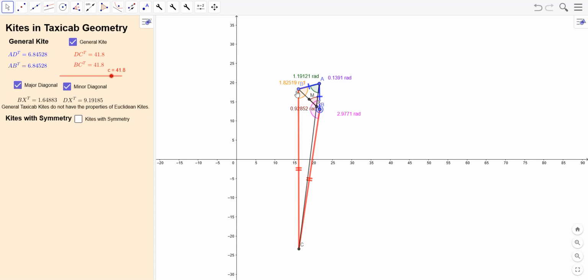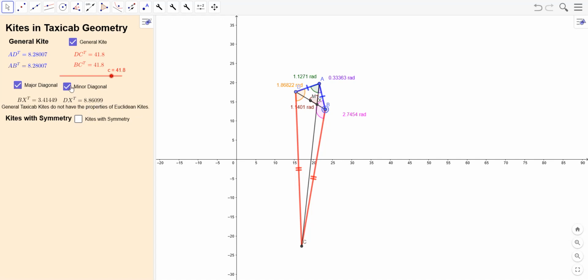Just measuring the angles is enough to tell us this angle here should be congruent to this one if they were congruent triangles, which they're not. And so you see these are not perpendicular, nor are they bisectors for the diagonals. So that one example is enough to show you that in taxicab, the kite theorem doesn't work in general.